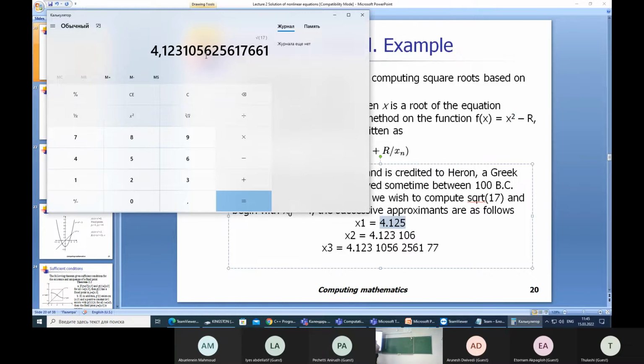So the mistake is only in this digit. These digits are correct. So just two iterations of the method, and we get a very good result.